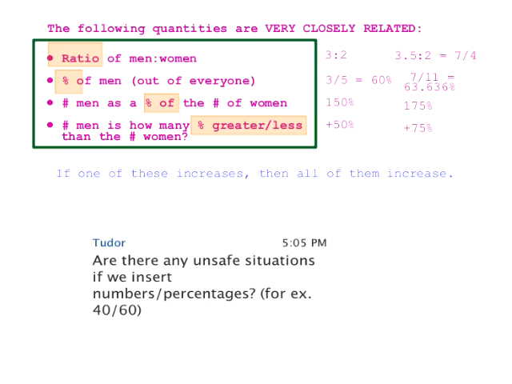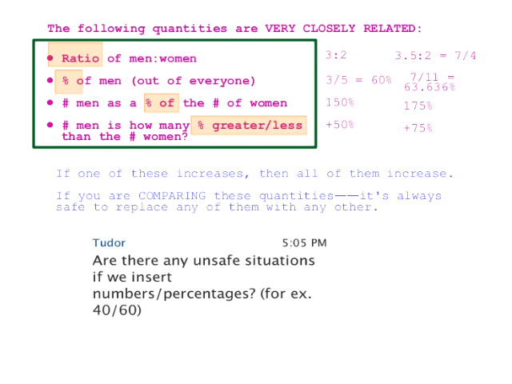So the point is, if you are comparing these quantities, as we were in the last problem, then it's always safe to replace any of them with any other of them.